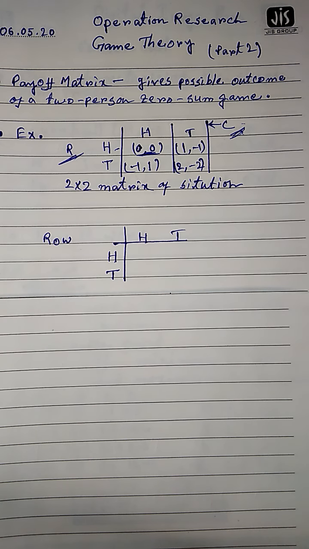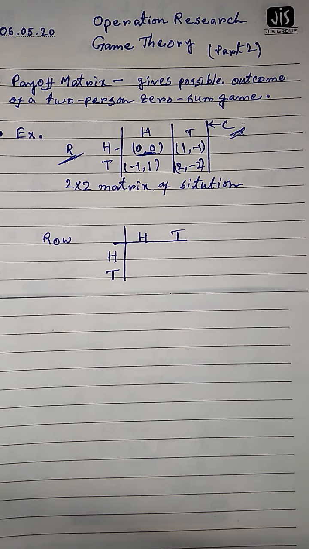If person R shows heads and person C shows tails, then person C will give person R rupees 1. If person R shows tails and person C shows heads, then person R will pay person C rupees 1.